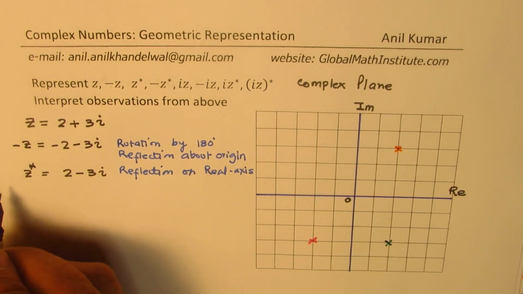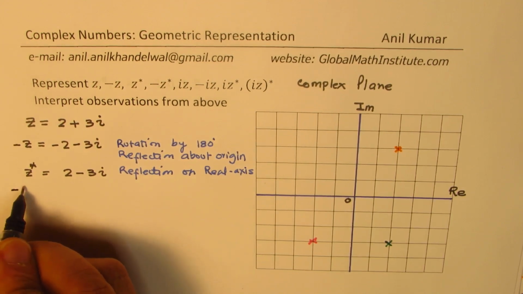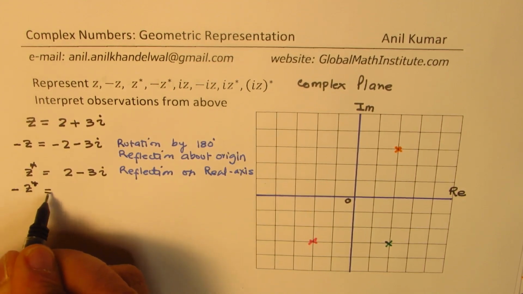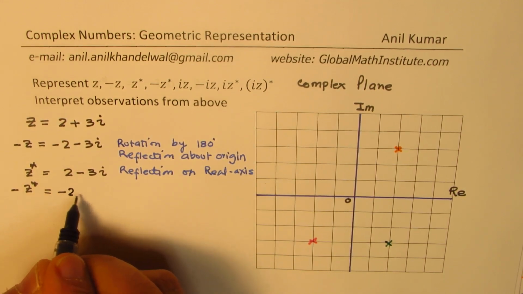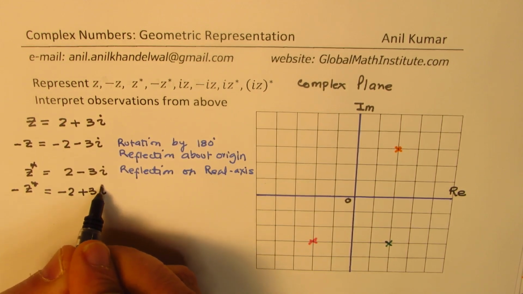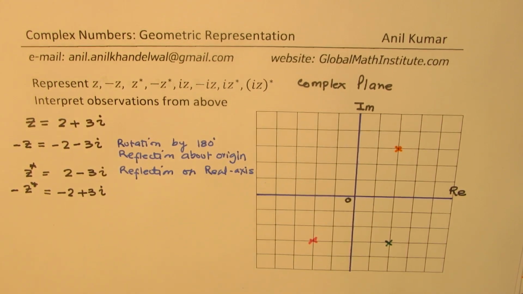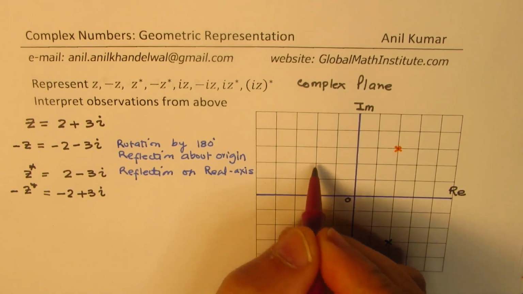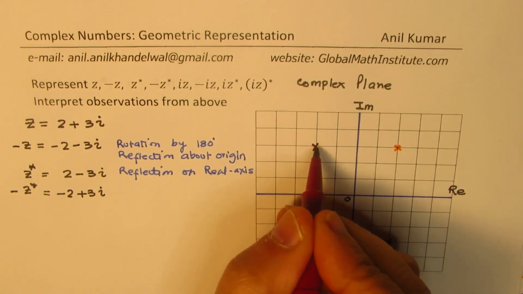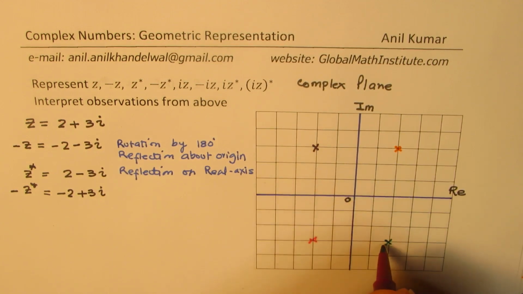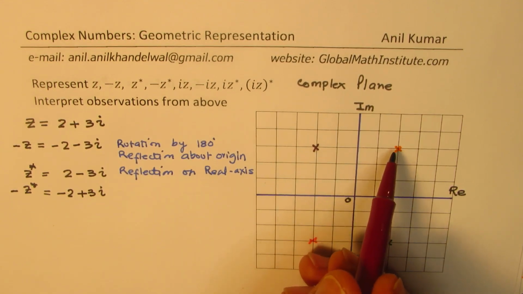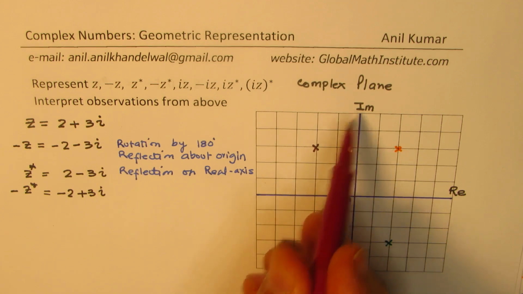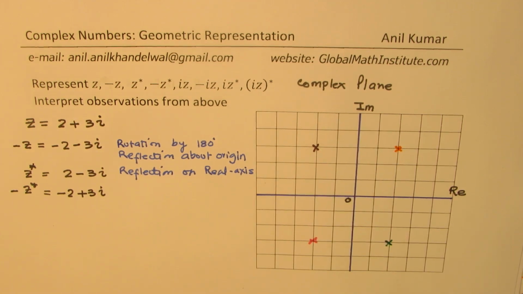Now let us see how to represent the negative of our conjugate. So that means we are now talking about the complex number minus 2 plus 3i. Now minus 2 plus 3i will be positioned at this point. Now that is a reflection of the previous one about the origin as expected, right? But if you compare with the original, then it is reflection on the imaginary axis, correct?